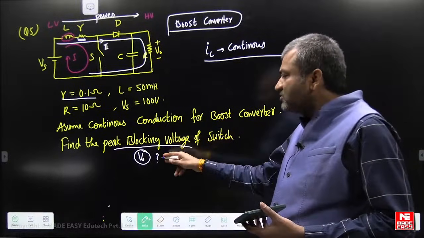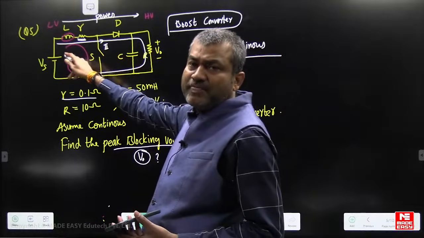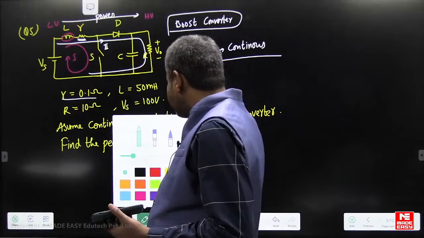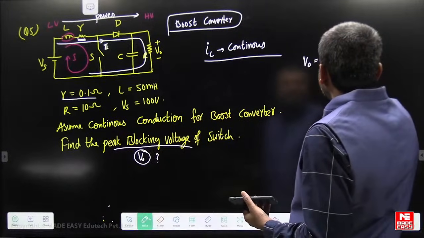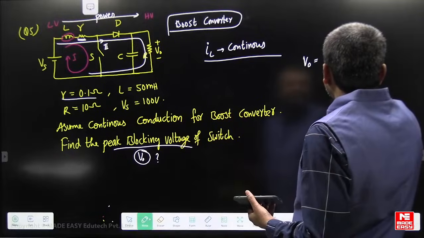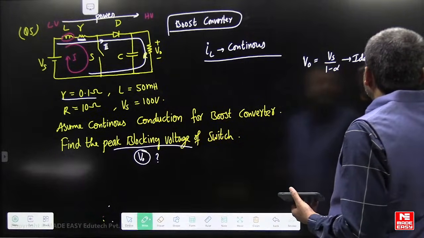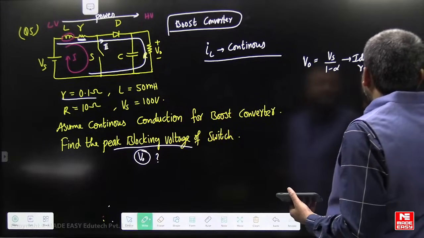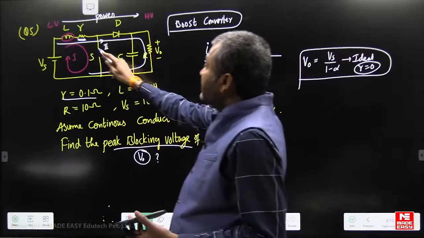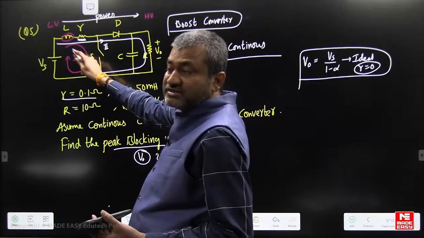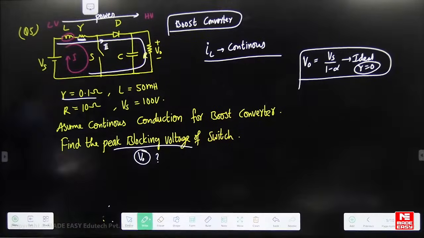So we have to find the equation of output voltage considering the resistance of the inductance practically. You see here, normally what is the mistake people will make here? Normally people will use this formula V0 is equal to Vs by 1 minus alpha, which is wrong. You can use this formula only for the ideal case where small r is 0. But in this question they have given the resistance of that inductance.